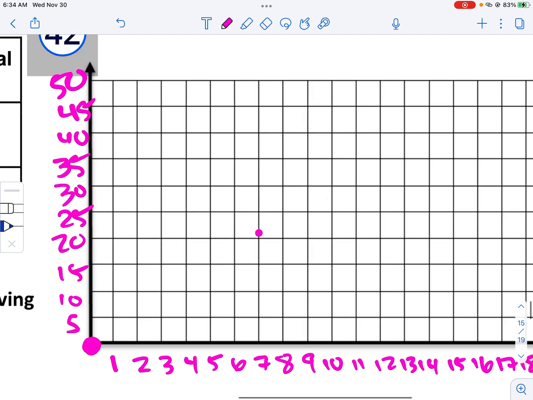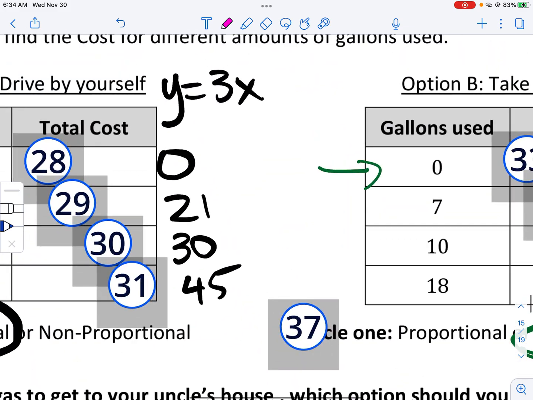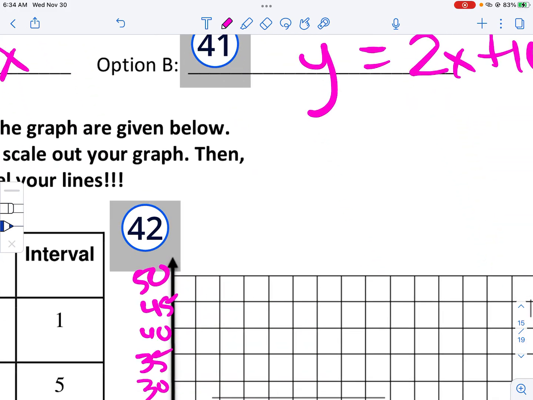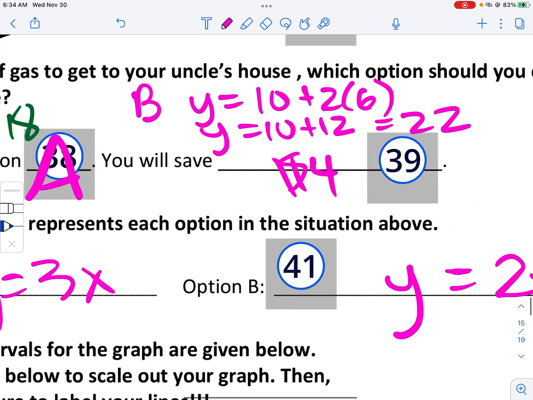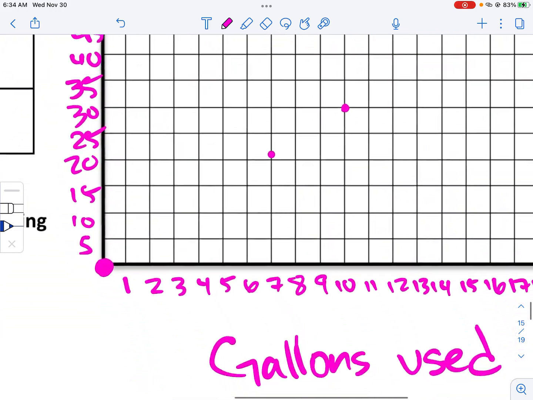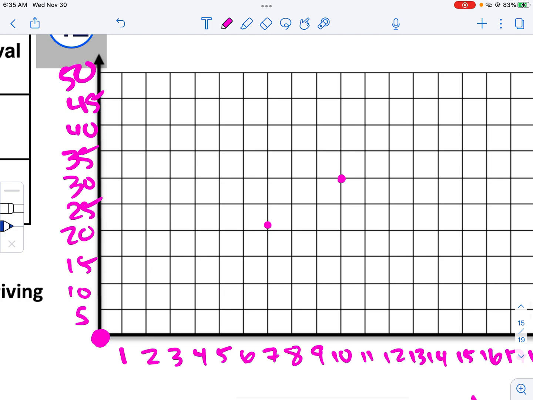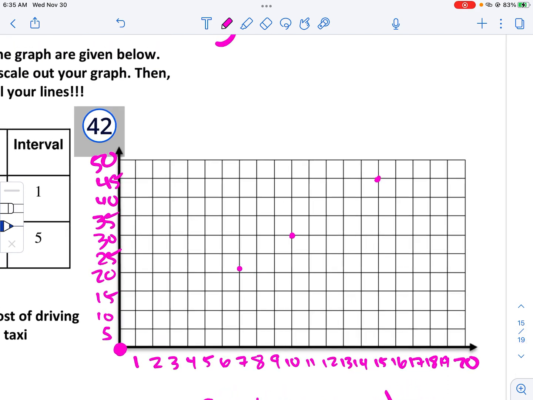It's like right there. And then we have 10, 30. And we have 15, 45. And I draw my line.